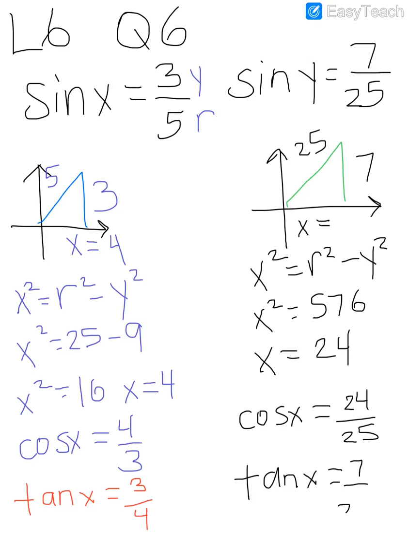So 7 over 24. Okay? So let me just create a new page. And I'm going to write those two values down. So I'm going to write down what we solved the tan of x to be. So tan of x we got was 3 over 4. And the tan of y is equal to 7 over 24.